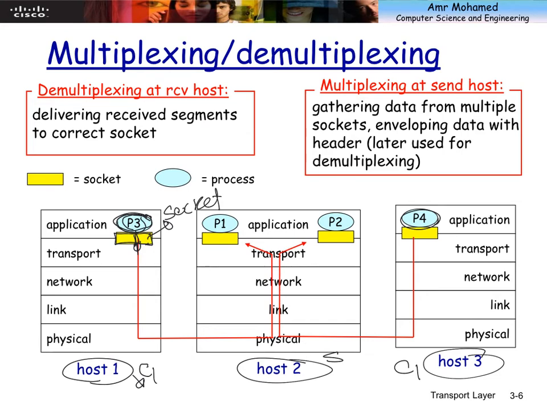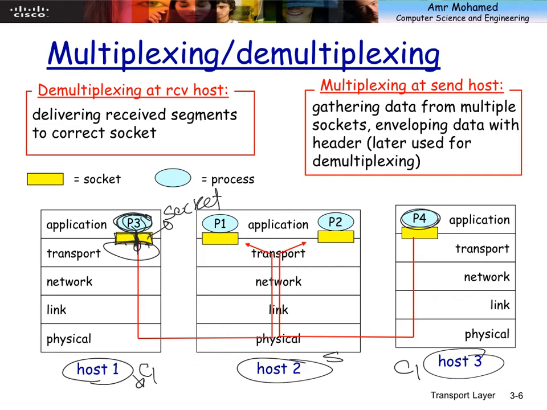So the application has the choice to create a TCP socket or UDP socket. In limited cases, you also have limited access to certain parameters in the transport layer, like the buffer size or something like this. But you have no control whatsoever from the socket over how the transport layer functionality is conducted.